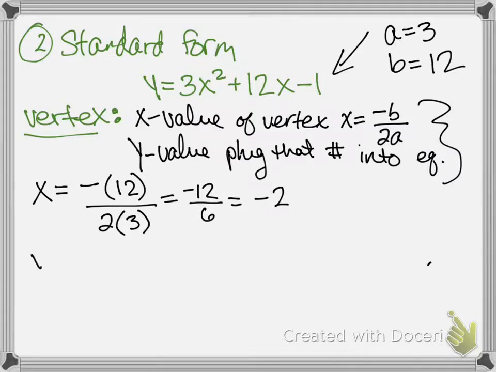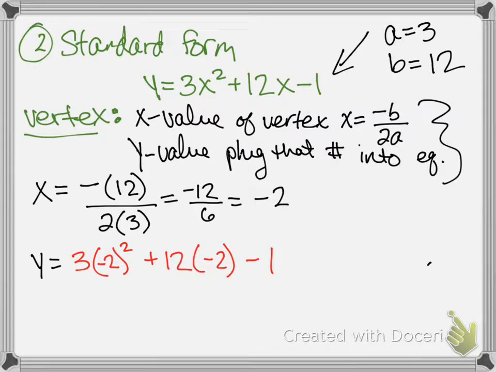To find the y value, what I'm going to do is plug that number in for all the x's in my original equation. So I have 3 times the new x value, which is negative 2 squared, plus 12 times negative 2, and then minus 1. So now I'm just going to go through and simplify my equation. So PEMDAS order of operations tells me I have to do the exponents first.